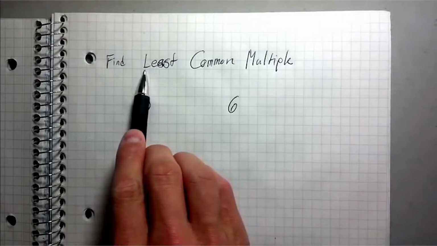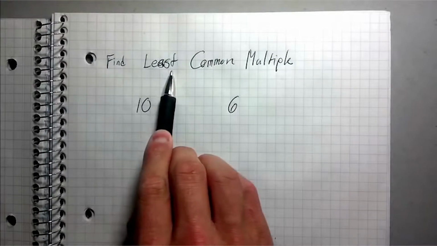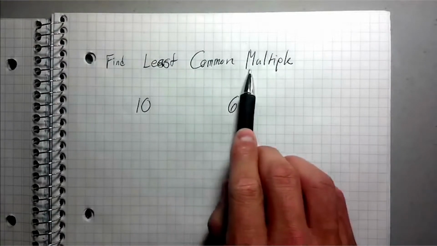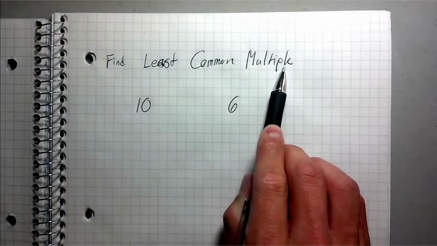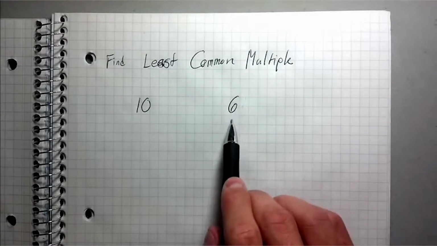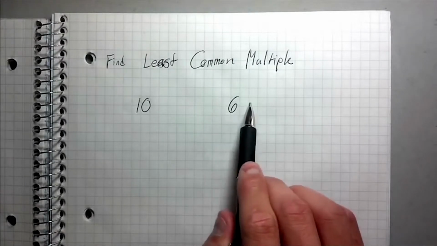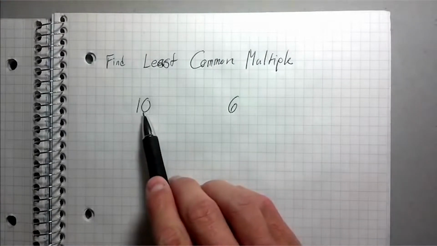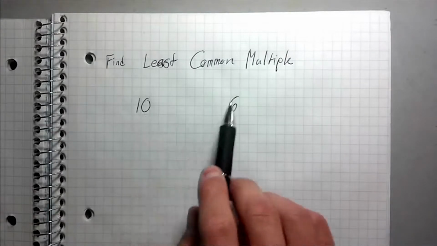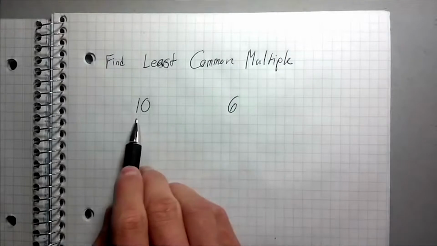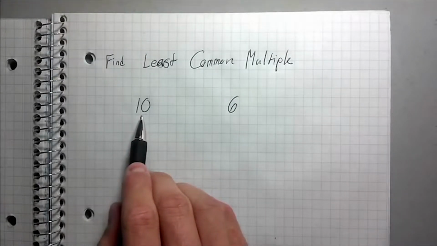So least means smallest. Common means shared. And a multiple is what you get when you count by a number. So for example, the multiples of 6 would be 6, 12, 18, 24, etc. And then the multiples of 10 would be 10, 20, 30, 40, right? So watch what I'm going to do here. I'm going to begin by listing the multiples of 10.